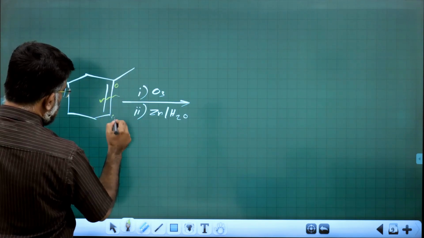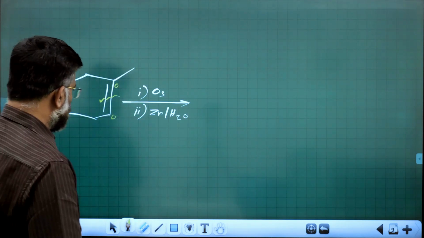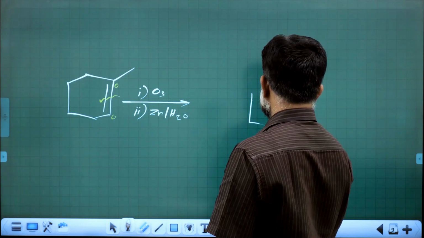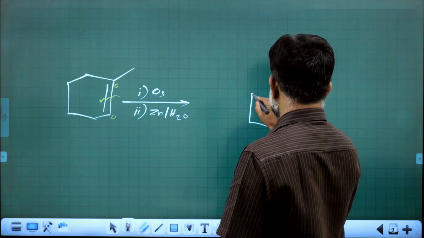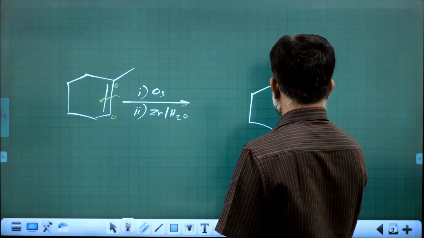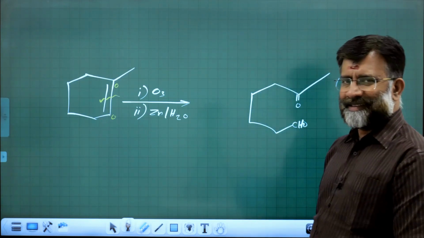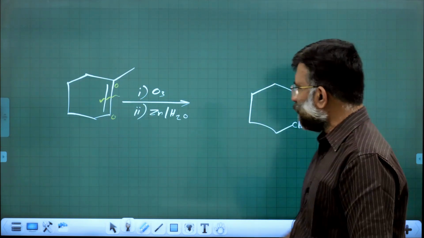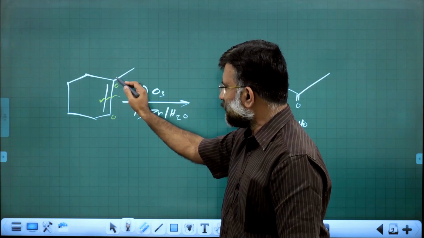Here one oxygen, here one oxygen. So what is going to be the product? You see this, there is a CHO here and you get a CO here. It is going to cleave here. This carbon will turn CHO and this carbon, there is no hydrogen, you get a CO.